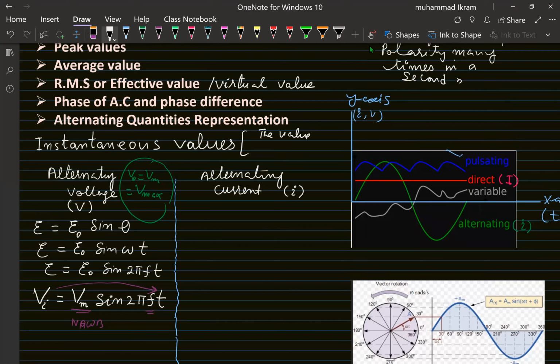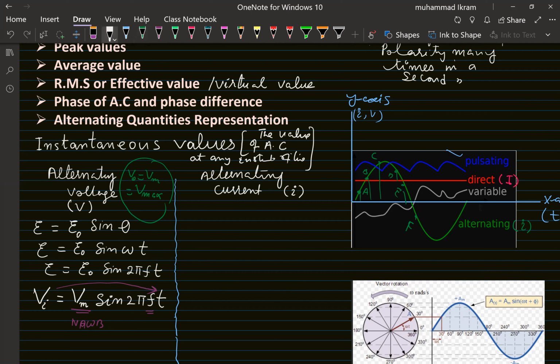If you see this graph, any value you choose at point A, B, C, D, E, F is the instantaneous value of the alternating voltage, right?